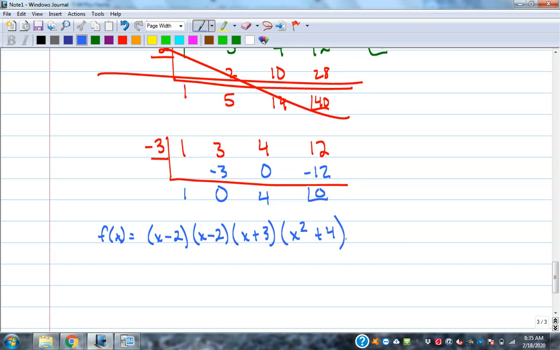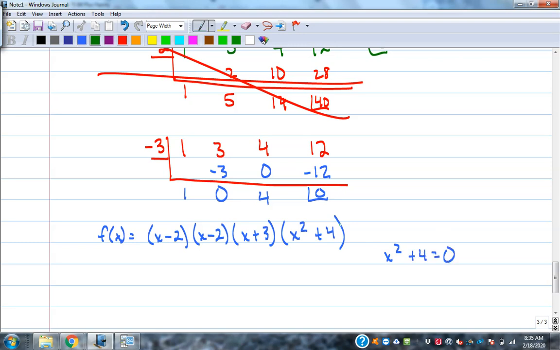Will this factor, the x squared plus 4, will it factor further? I heard a yes and a no. What does it have to be? A difference of squares, which is a minus. Because it's a plus, that won't factor any further. Okay? How do I solve and get the zeros that go with that? So I set that equal to 0, x squared plus 4.